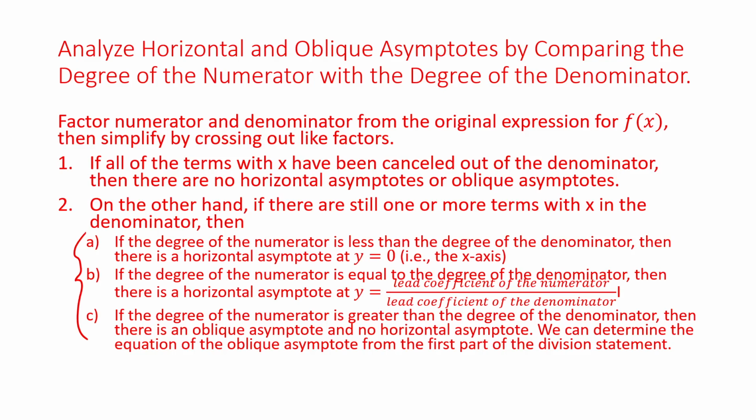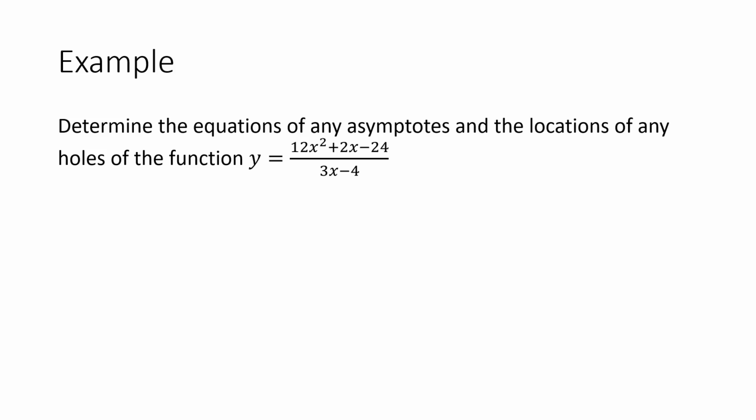It's possible to have more in functions in later courses, but in this course, you only have either a horizontal or an oblique asymptote, or possibly neither. With respect to holes and vertical asymptotes, though, you can have more than one. Okay? So let's do a few examples.